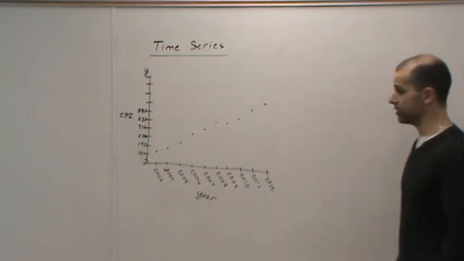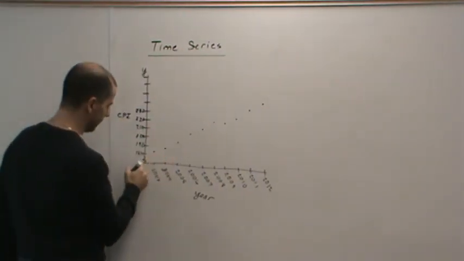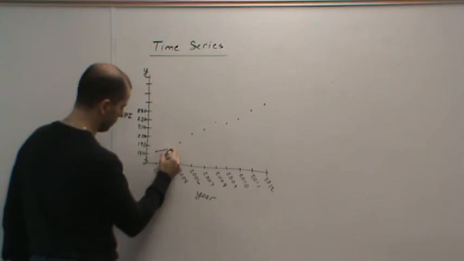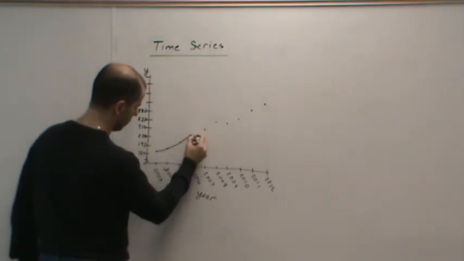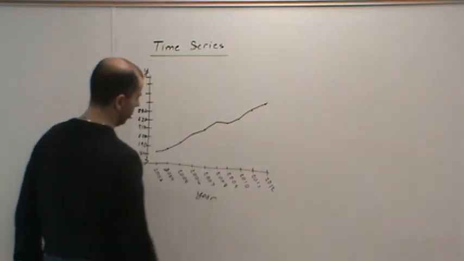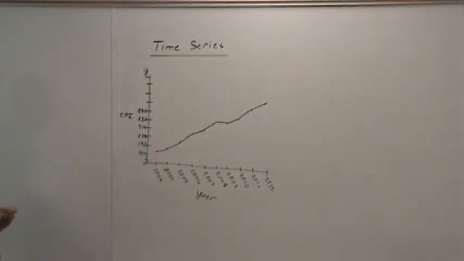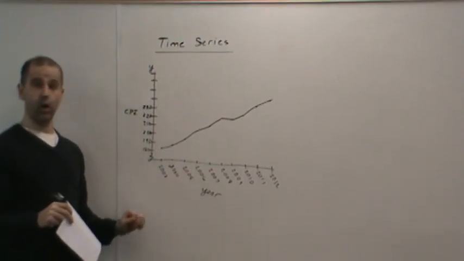So now the only thing we have to do is just connect the dots. And there's your time series graph. So again, you can see trends, right? This is a great way to see trends over time.